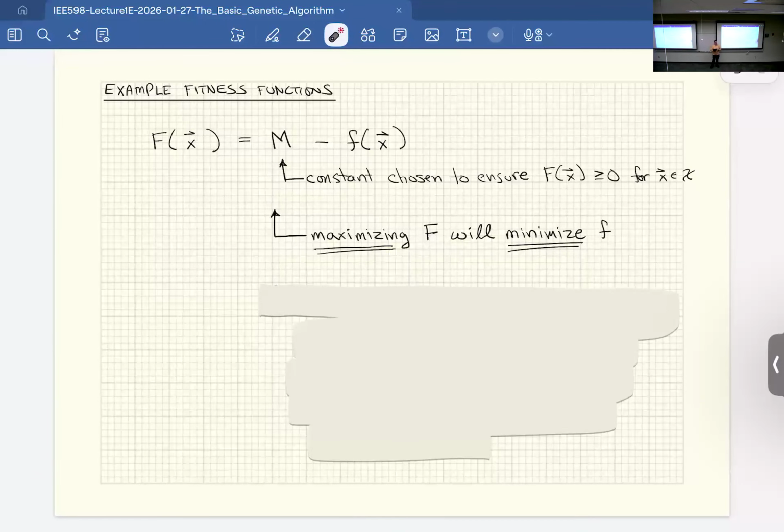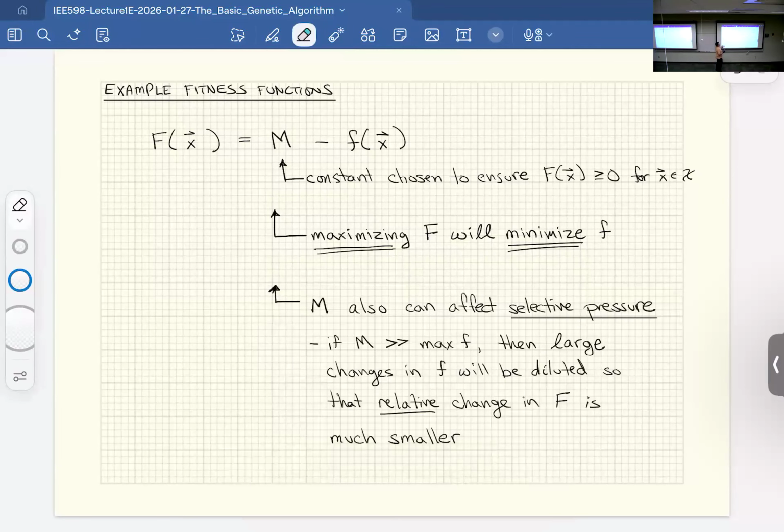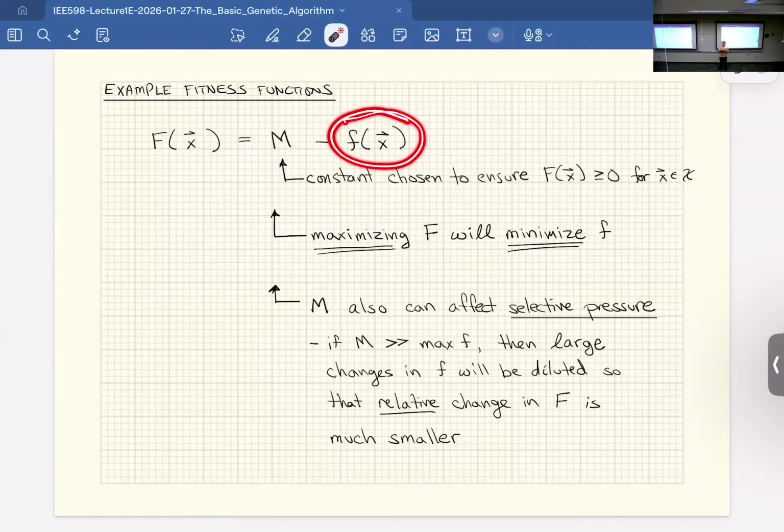Now that I have that hyperparameter, the question is, what else does it do? One of the things it does is make sure that f is not negative. The other thing it does is affect the selective pressure. Let's say that I knew that the highest my little f could get was 10, and I wanted to minimize little f.